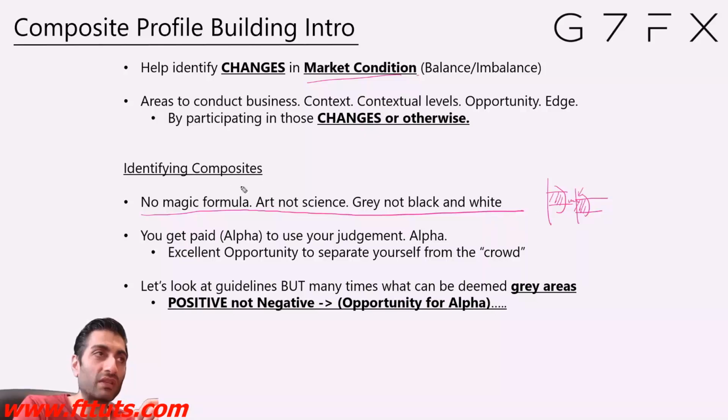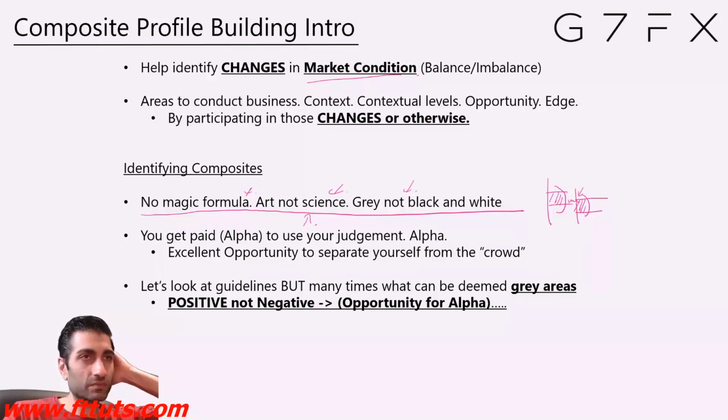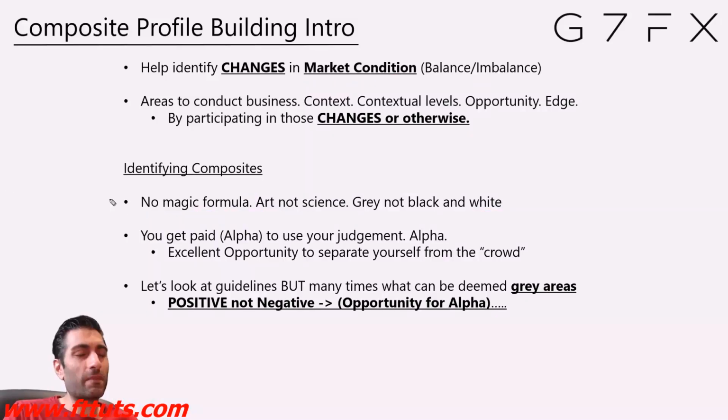And that's my point. You've got to understand, there's no magic formula. It will become obvious as we go on that I would be very careful how you approach this. Be loose with it.